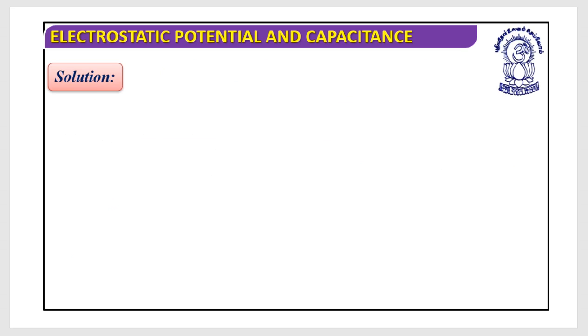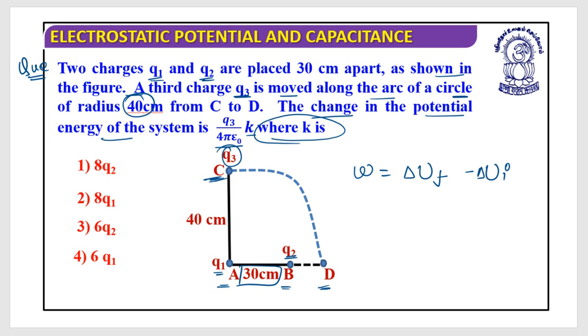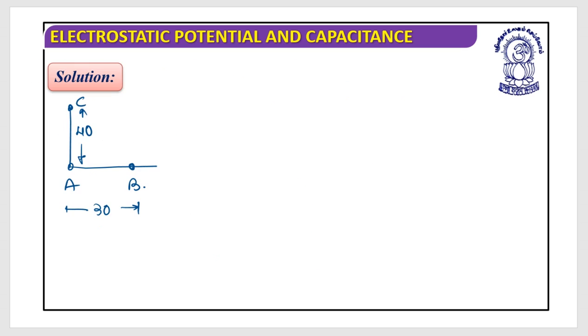Now the situation is something like this: this is point C, this is point A, and let's say this is point B. This is 30 centimeter, this is 40 centimeter, and these are the charges Q1, Q2 and Q3. Here it is, Q1, this is Q2 and this is Q3.